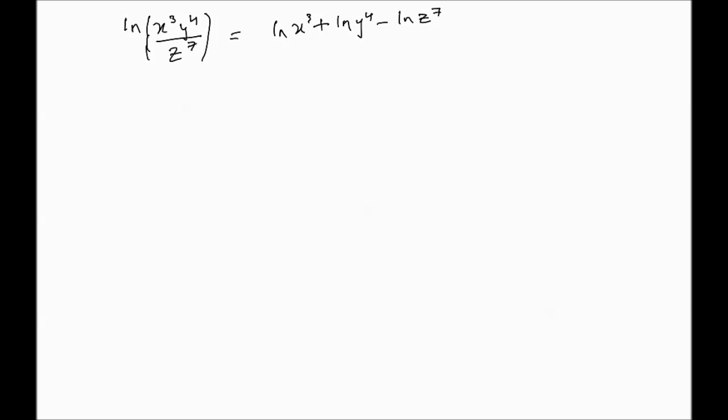That's the first thing we would do. And then we can reduce that further into 3 ln x plus 4 ln y minus 7 ln z.